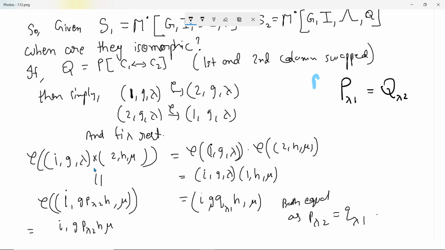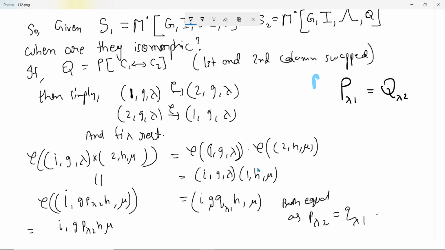So if you write this multiplication out in P and you want to see what this becomes in Q, then if you just relabel this by Q lambda comma 1, you will know what to do. Q lambda comma 1 means that this should have become 1. But let's do it formally and check. If this were to be equal to this, which is the definition of isomorphism, then phi of (i, g, lambda) will remain the same, assuming that i is not equal to 1 or 2.